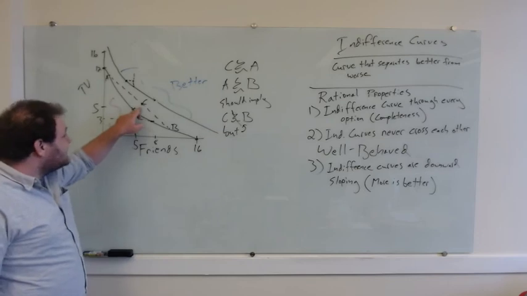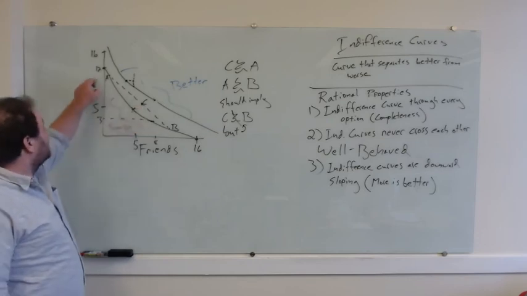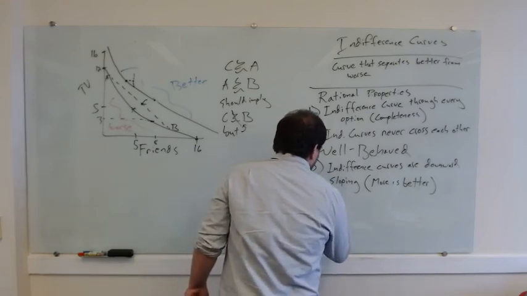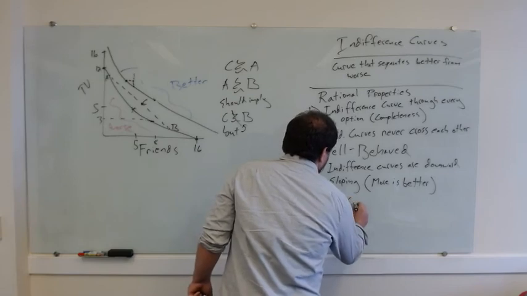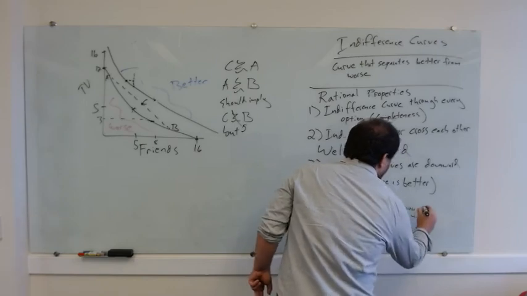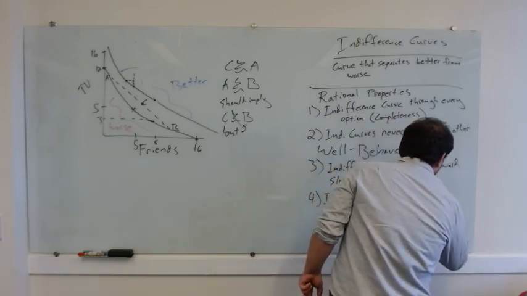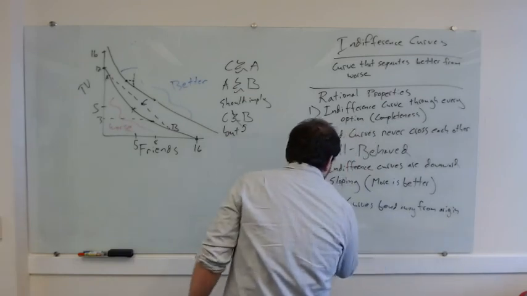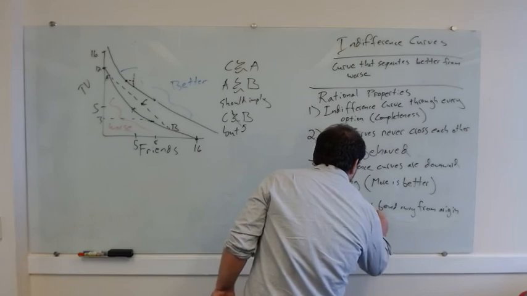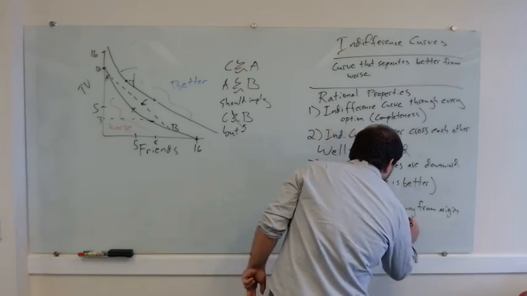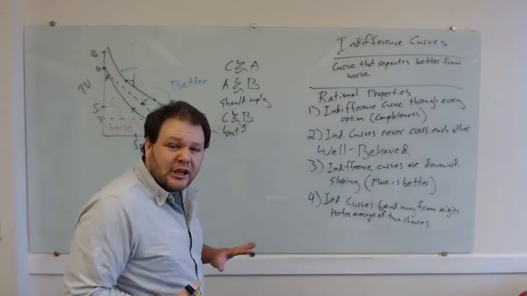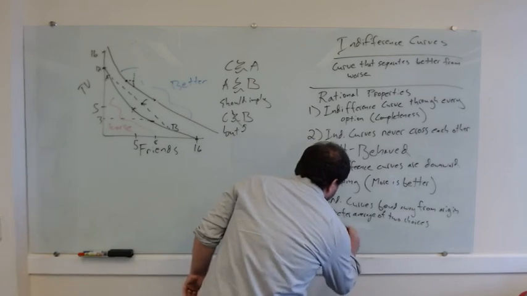I'm happier with a mix of TV time and friends than with almost all friends or almost all TV time. So indifference curves bend away from the origin; this is another way of saying we prefer the average of two choices. And this is going to be the graphical representation of the rule that diversity is better.